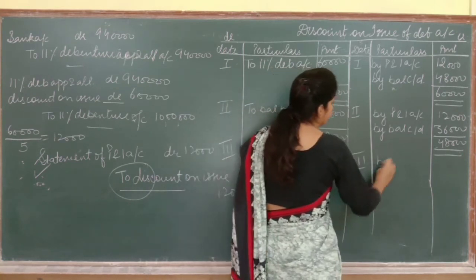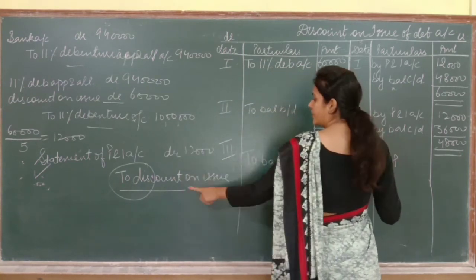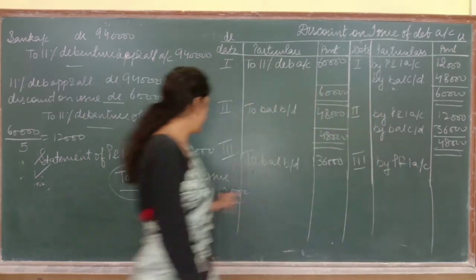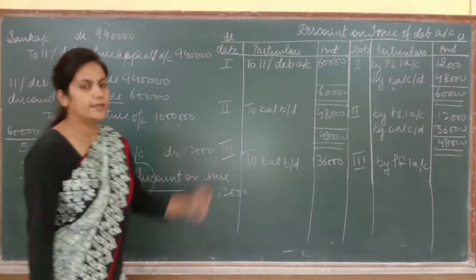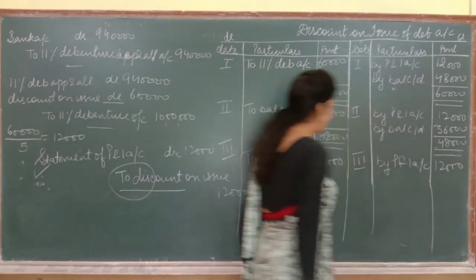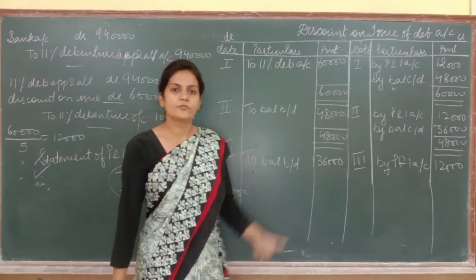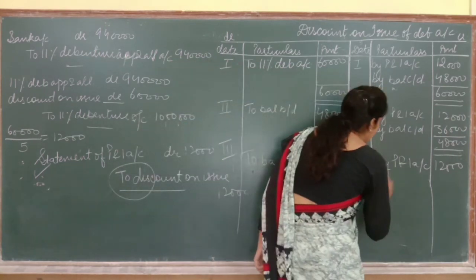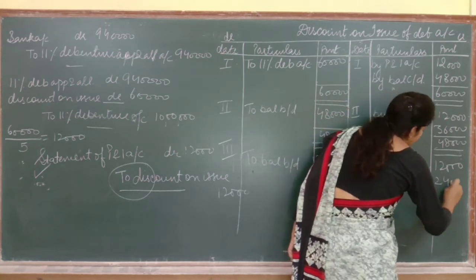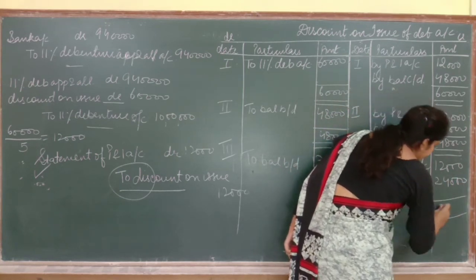Then third year also we are going to pass the same entry, statement of P&L to discount on issue. As discount on issue has been credited here, right there by profit and loss account 12,000 we are going to write off. Now out of 36,000, 12,000 we have already written off. So right here by balance carried down it is 24,000.